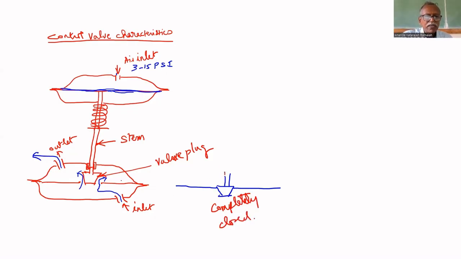If 3 psi is given, it will be like this. Its position will be like this, because 3 psi means it returned to its initial position. If you apply 15 psi, higher pressure, it will come down and be completely closed. So it requires air to close. That's why this type of valve is called an air to close valve.